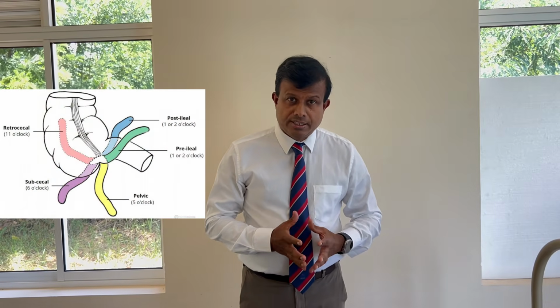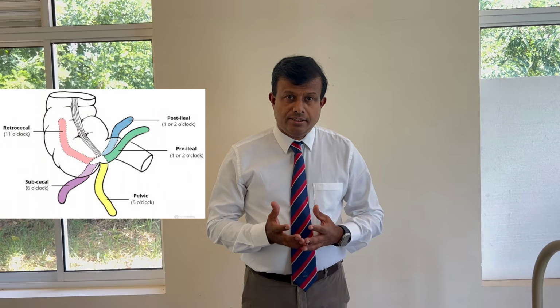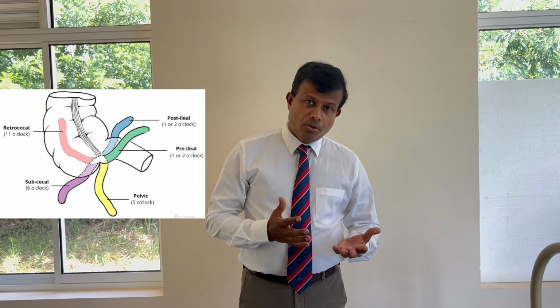Okay, let's move on to the next physical sign of appendicitis, which is the Psoas sign. As you all know, the appendix has different sites: retrocecal, pre-ileal, post-ileal, or maybe the pelvic appendix. In case of a pelvic appendix, it is lying at the pelvis over the psoas muscle. So in appendicitis, inflammation of the appendix causes some irritation at the psoas muscle.